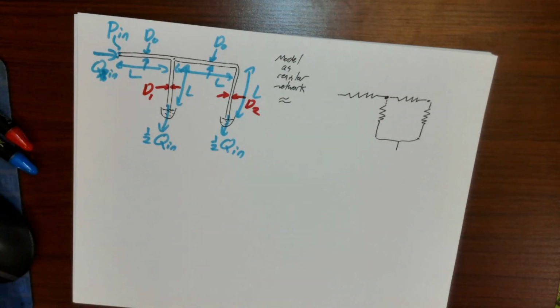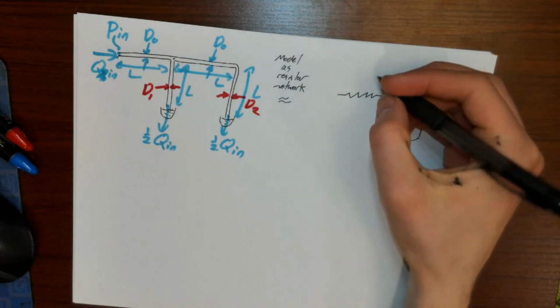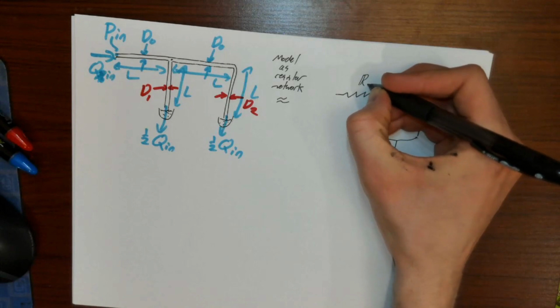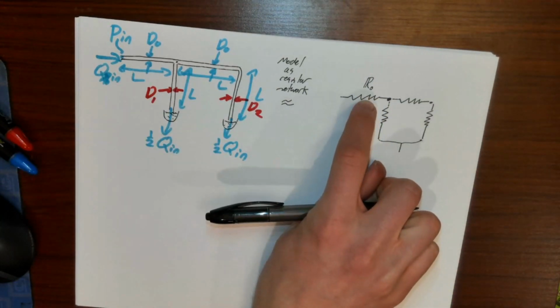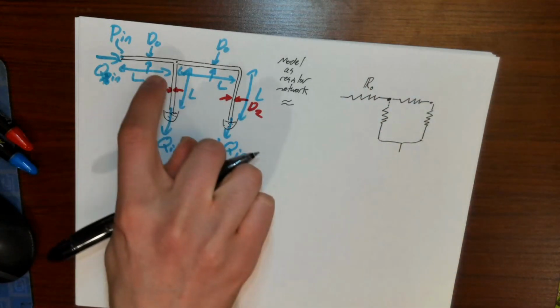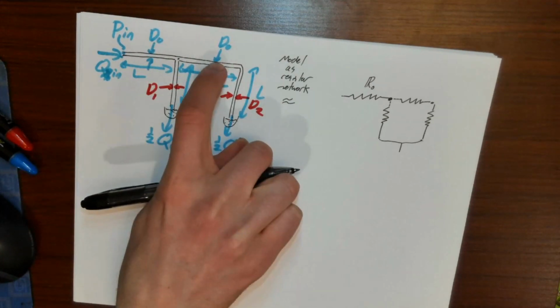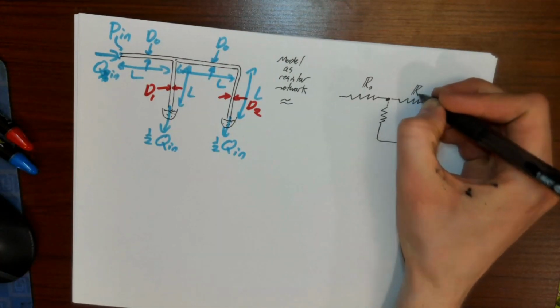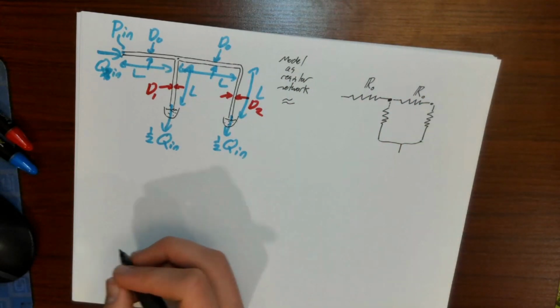We basically have resistances of the various segments. I'm going to call the fluidic resistance of this segment R naught. And if we notice, we have the same diameter and length here as here, so this segment is also going to have a fluidic resistance R naught.